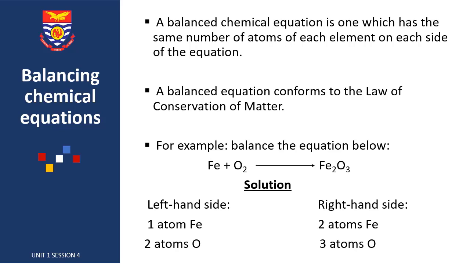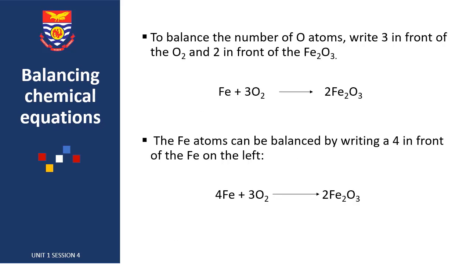That is to say, the number of atoms of iron and oxygen at the left side will be the same as those on the right side. So to balance the number of oxygen atoms, because at the right side we had 3 atoms and at the left side we had 2, we write 3 in front of the oxygen molecule at the left side.